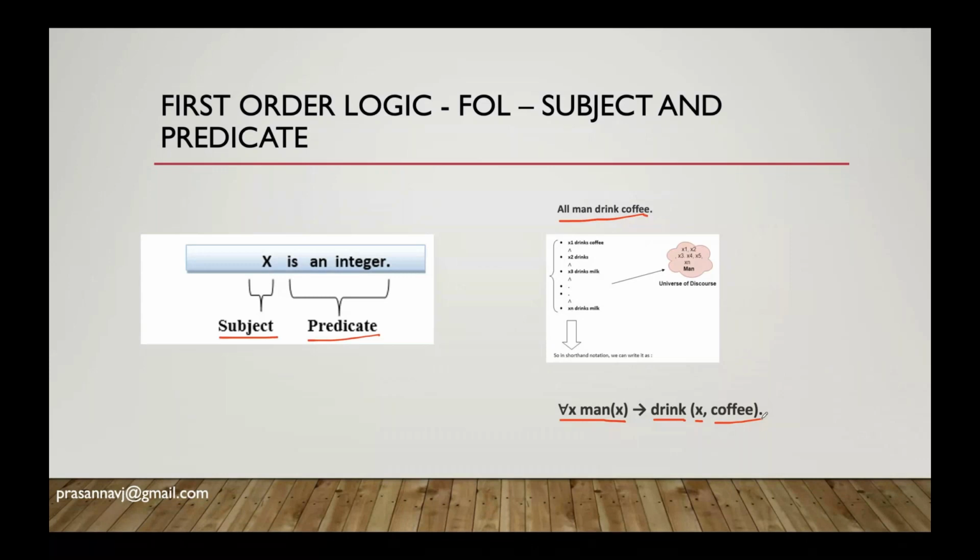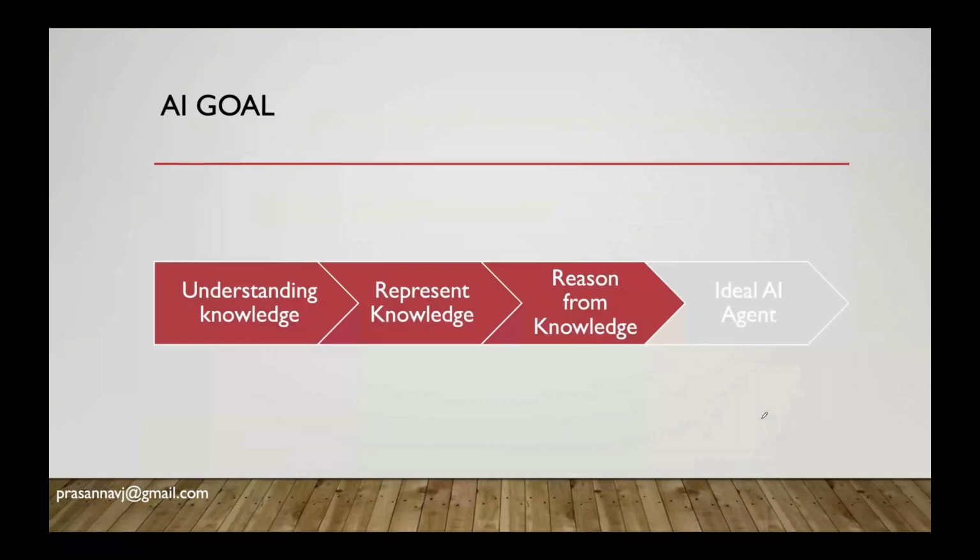Okay, so till now, we understood what types of knowledge are available and the different representations of knowledge. We looked at first order logic, propositional logic, semantic, frame based, and production rules based knowledge.